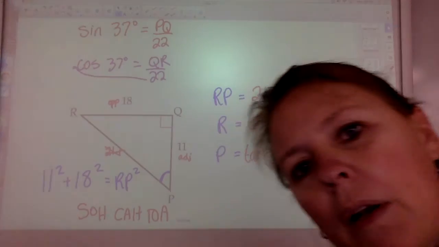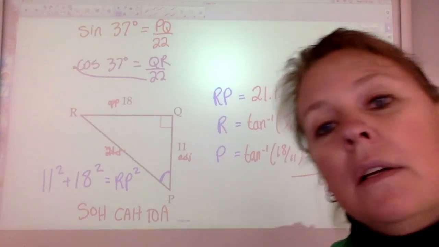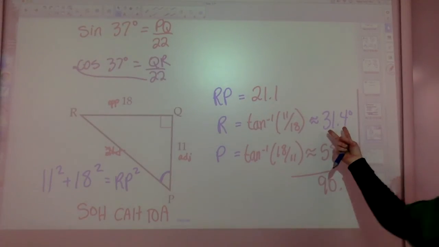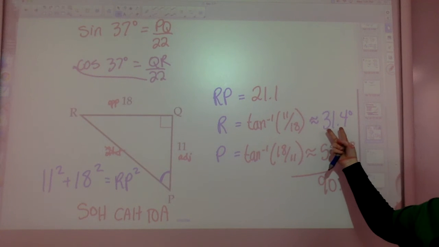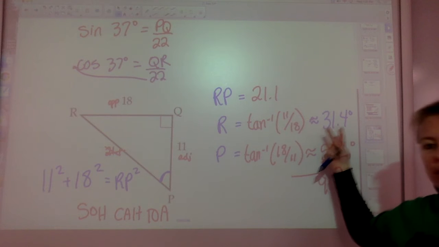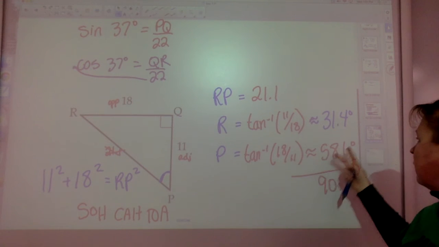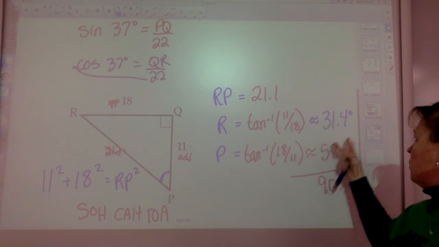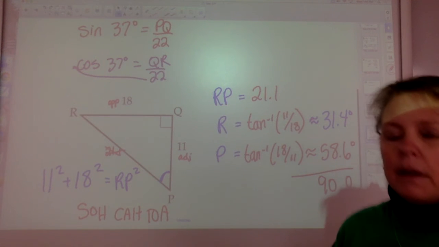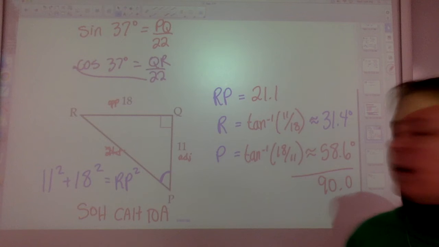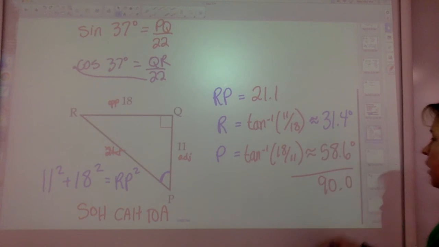But I will warn you again, don't use found information to find new information. Number one, this was rounded. Maybe you rounded it wrong. Maybe you calculated it wrong. Maybe it's not exact. And number two, you don't want to make one mistake here and then automatically make a second mistake there. So do it right, do the work, and then check your answer.